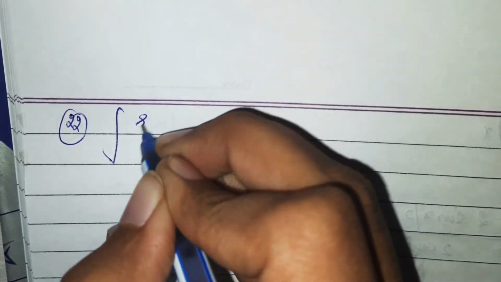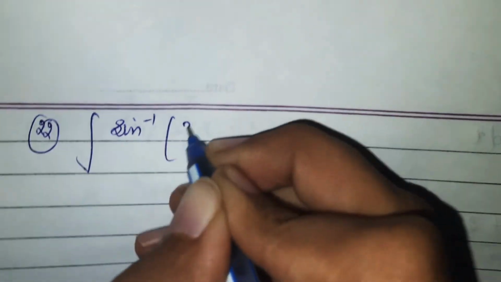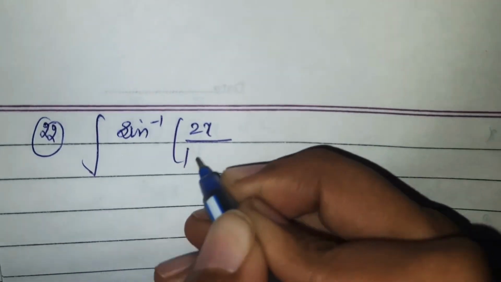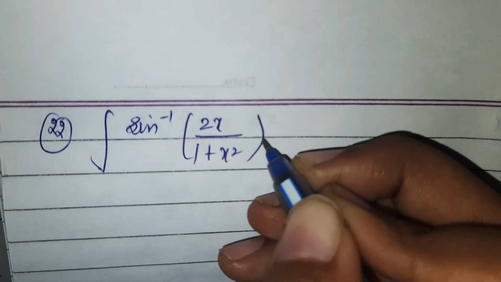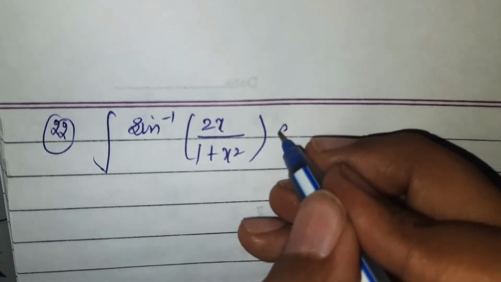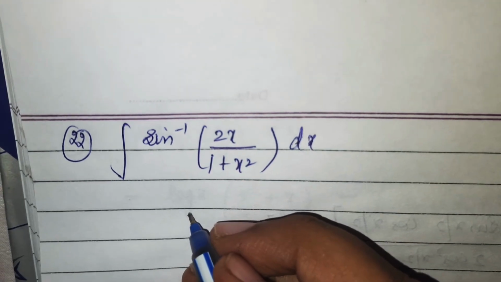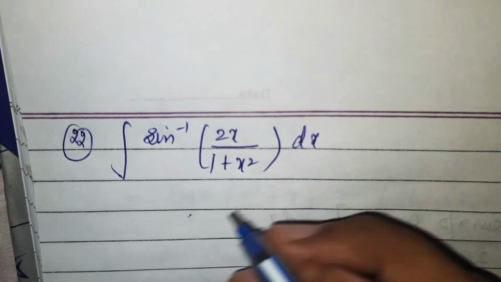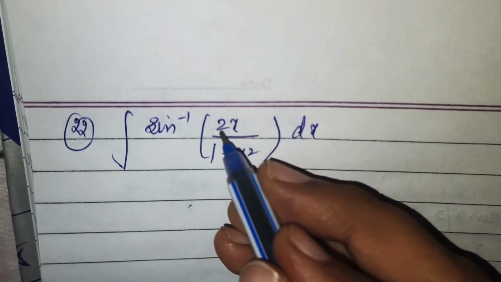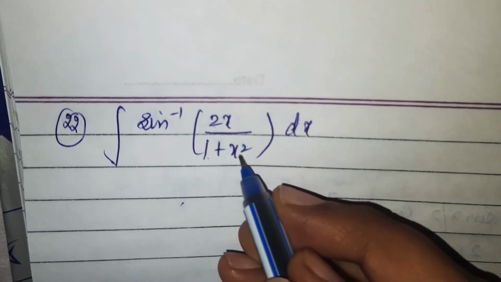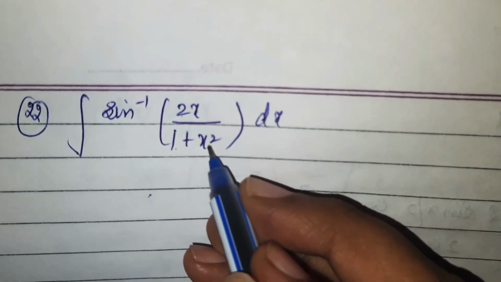Now come to the last question. In question number 22, what do you need to do? Sin inverse 2x upon 1 plus x square dx. Okay, if I want to say something, sin inverse 2 tan theta upon 1 plus tan square theta will become sin 2 theta.